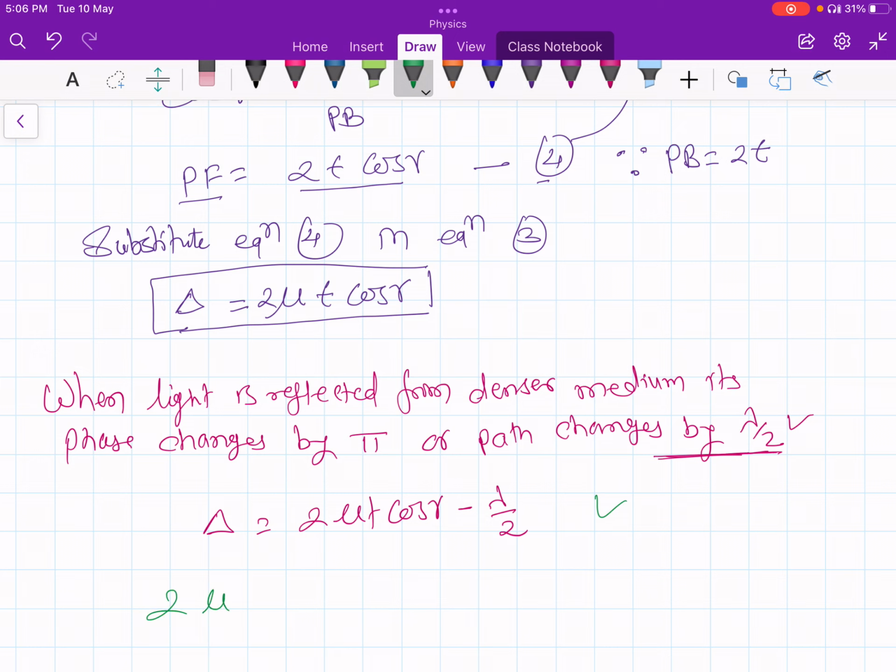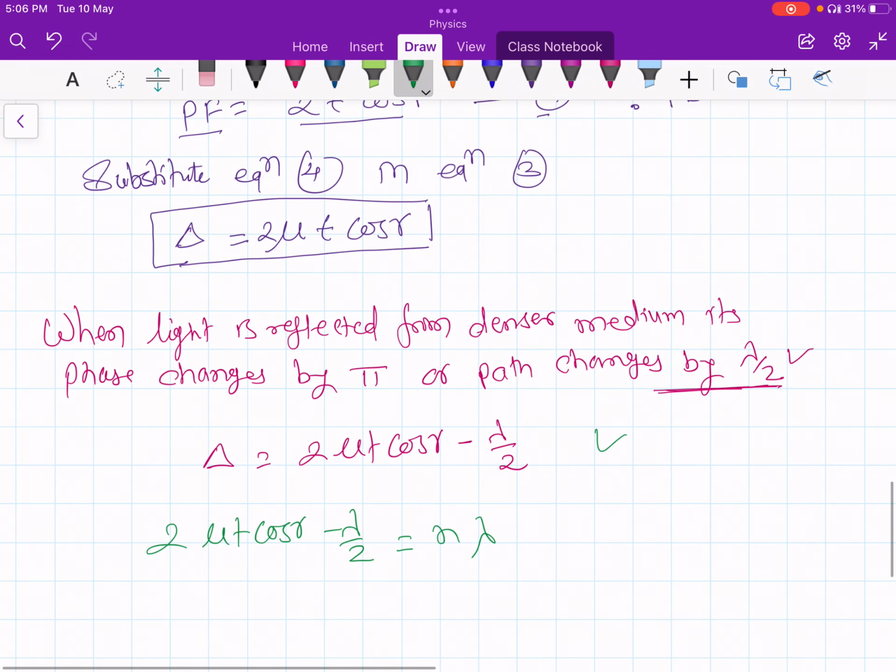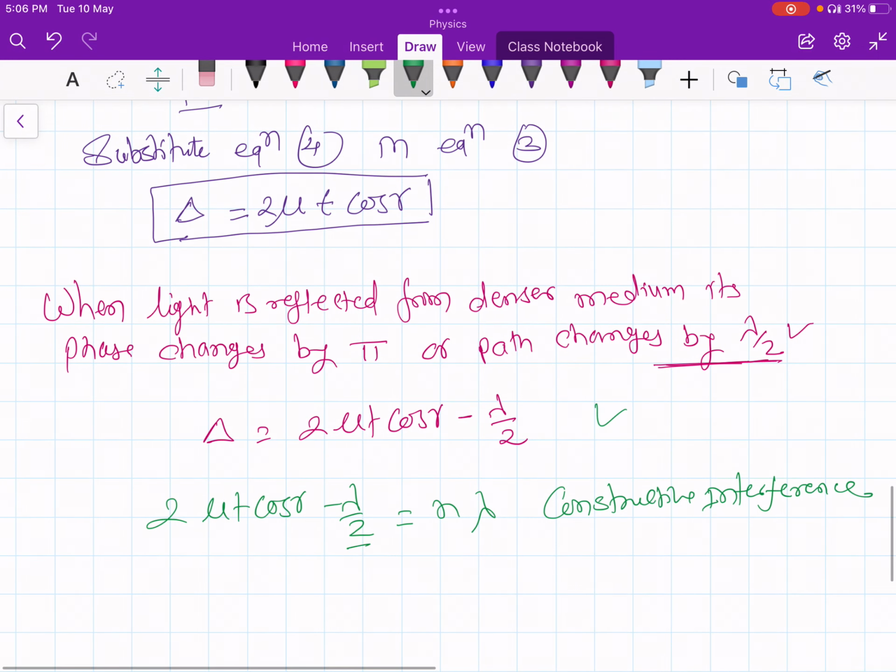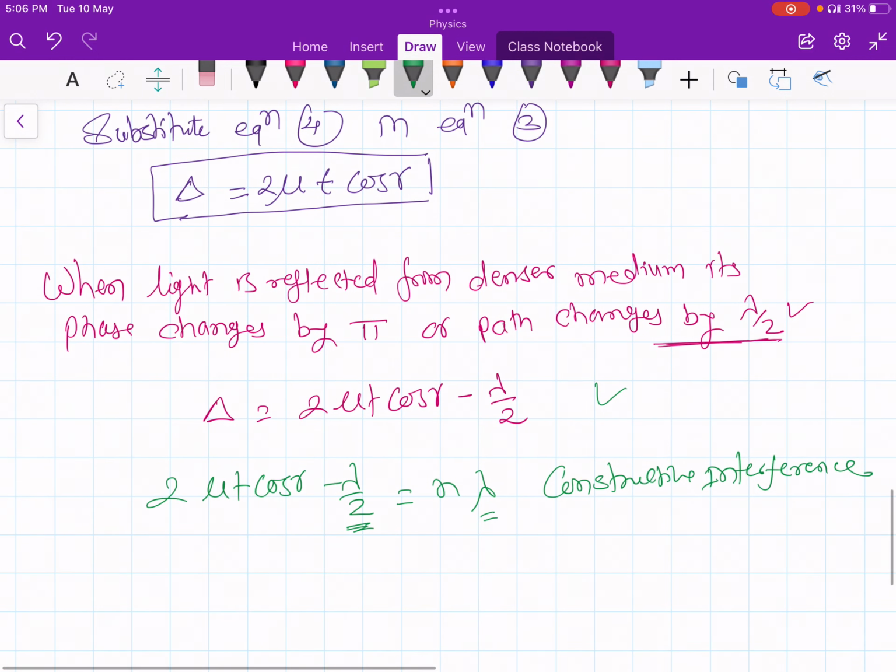Now when this path difference, 2 mu t cos r minus lambda by 2, is equal to n lambda, you get constructive interference. But on this side also there is a lambda, so let us simplify it.